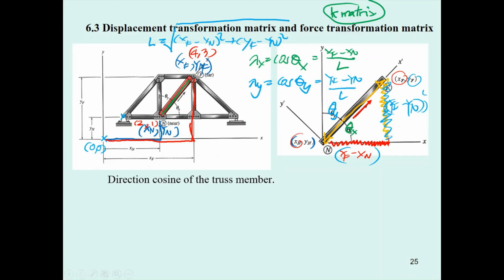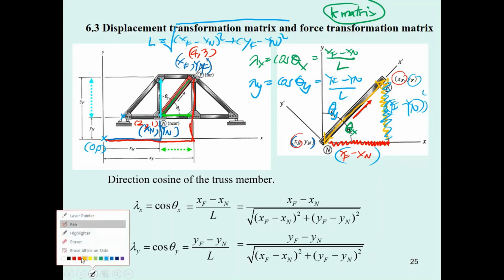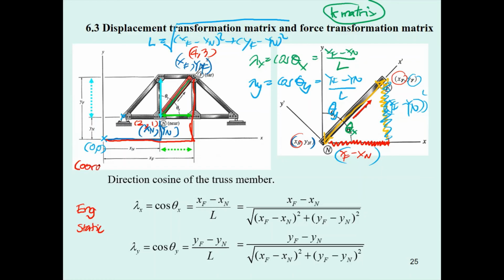The definition of this one comes from what I derived here to show you. It comes from our previous knowledge of engineering statics. You go to the textbook of Hibbeler, chapter 2, and you will see this coordinate direction cosine.